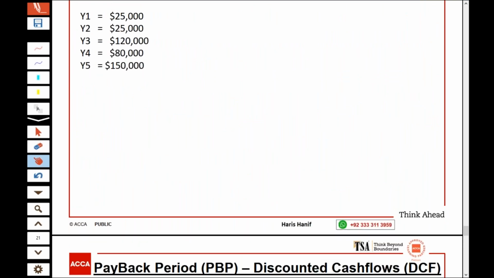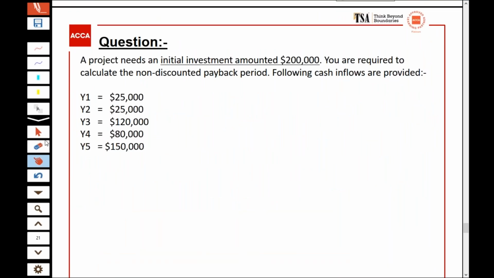Here we go for the payback period question. A project needs an initial investment amounting to $200,000. You are required to calculate the non-discounted payback period.